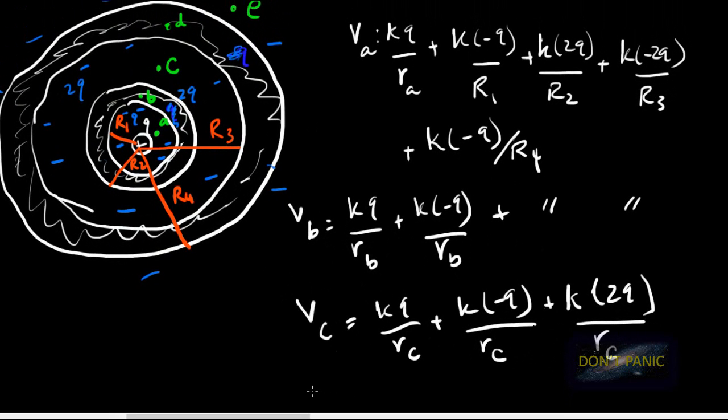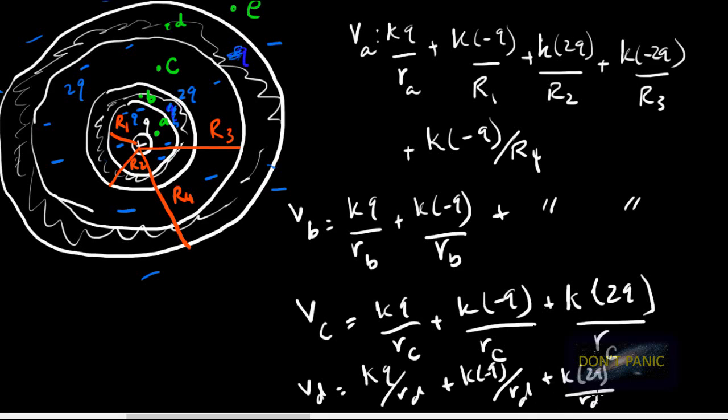Okay, potential at D is going to be, now you're outside this one, and this one, and you're inside this one. So it becomes KQ over RD plus K times -Q over RD plus K times 2Q over RD.